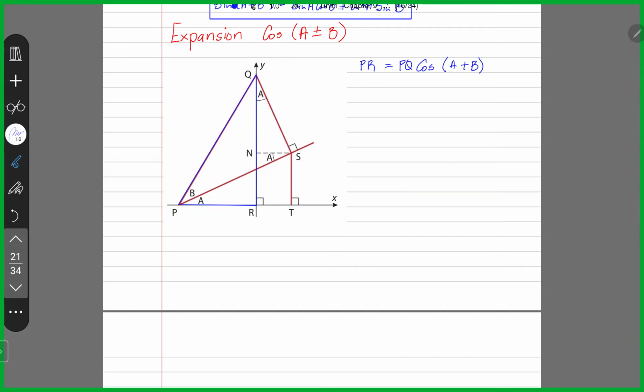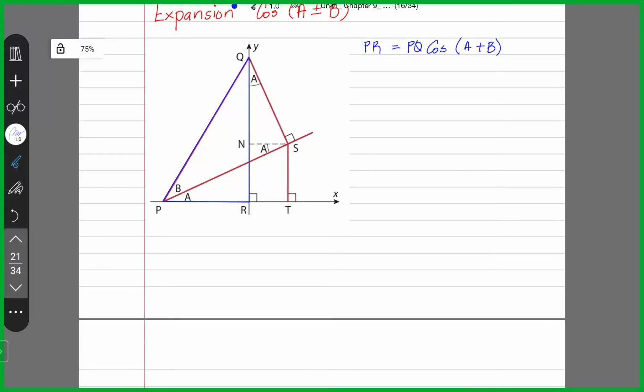So PR is equal to PQ, the cosine of the angle, which is A plus B. And of course, as I said before, you can prove that using the trig ratio.